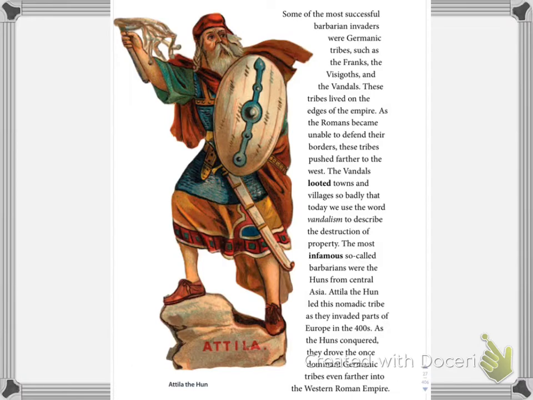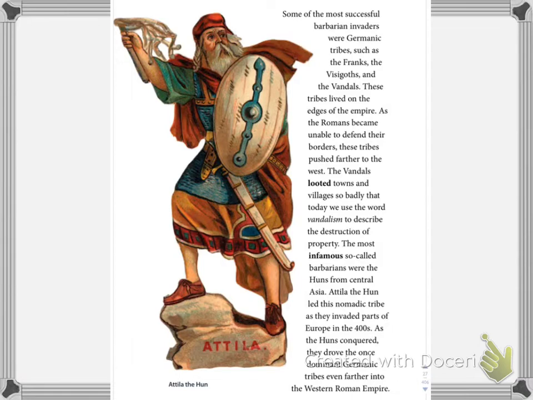As the Romans became unable to defend their borders, these tribes pushed further to the west. The Vandals looted towns and villages so badly that today we use the word vandalism to describe the destruction of property. The infamous so-called barbarians were the Huns from Central Asia.